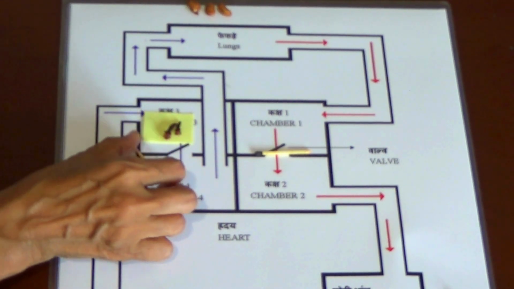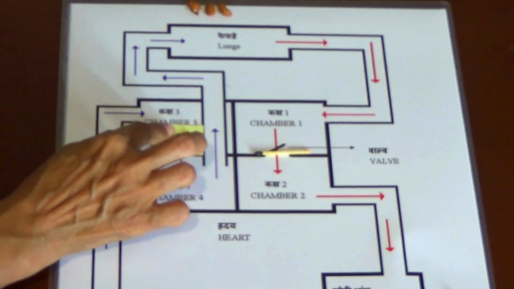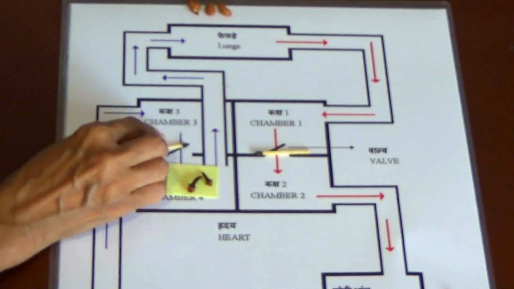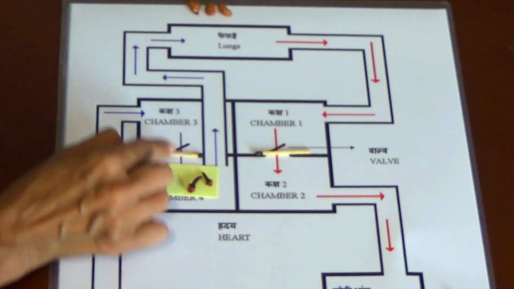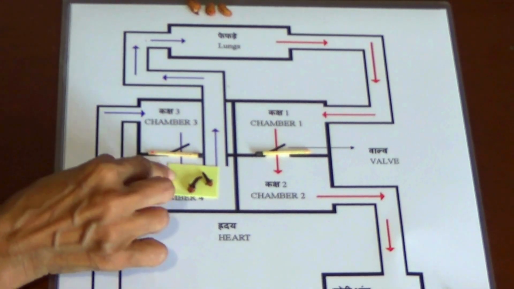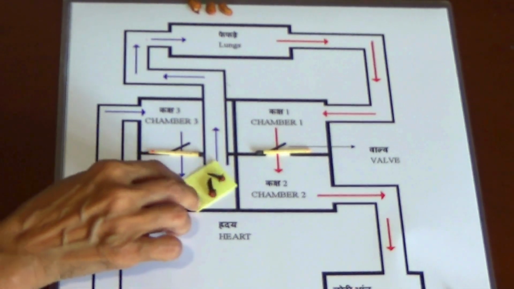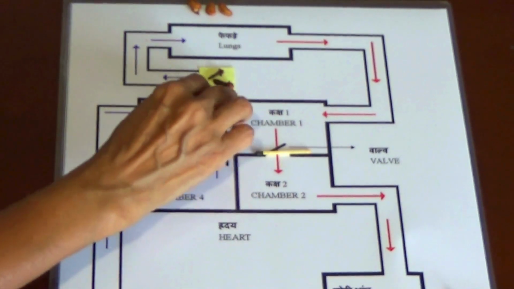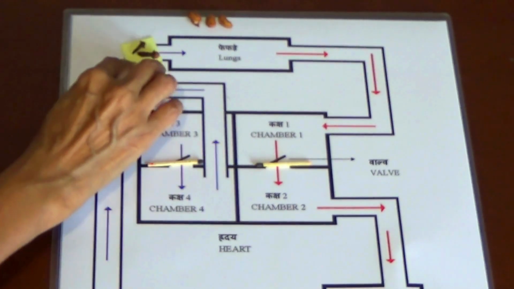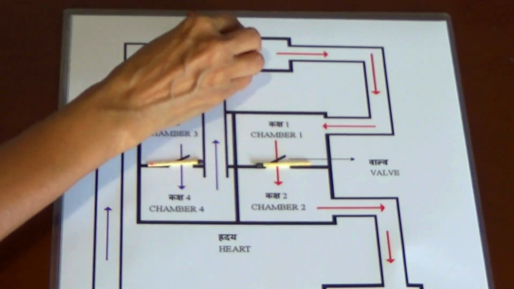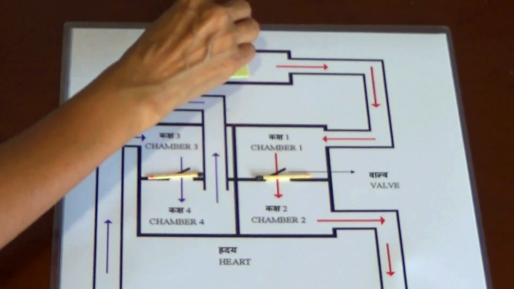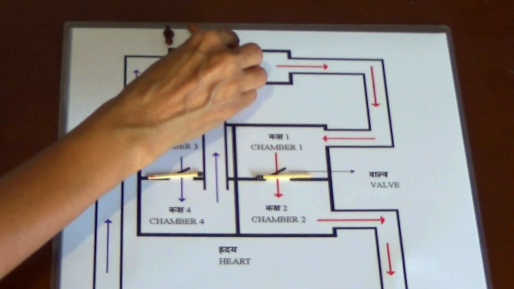Then the valve opens, the blood goes to the next chamber or the pumping chamber, the valve closes to prevent backflow in this direction, and now it is pumped to the lungs, where it gives out the carbon dioxide and receives oxygen to become oxygenated again.